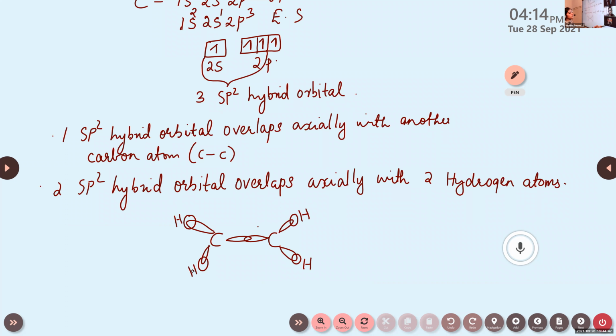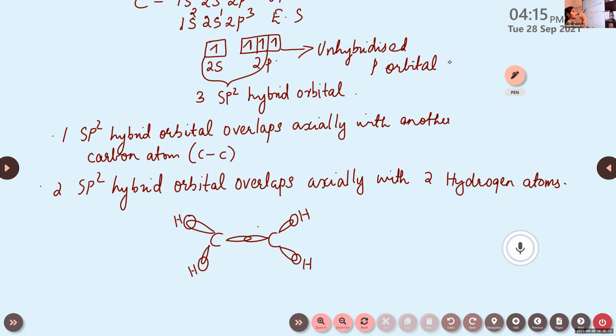Okay, so next we will go for the pi bond. Here in this sp2 hybrid orbital formation, you can see one unhybridized p orbital, right? Look here, this one is the unhybridized p orbital. It is not involved in hybridization. So if there are two carbon atoms, there will be two unhybridized p orbitals.